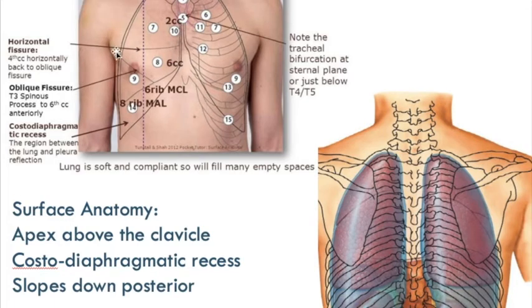And this specific picture shows us where we will find the different fissures of the lungs on the left and on the right. Another important line to remember is called, in this case it's marked as 1, the mid-clavicular line.